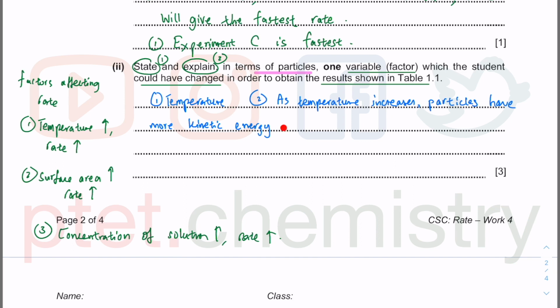That was from year 9 states of matter, the very first topic that even lower secondary science students will have learned. Particles have more kinetic energy, they move faster, they collide more frequently, and this will give you a faster rate of reaction. You get more effective collisions.